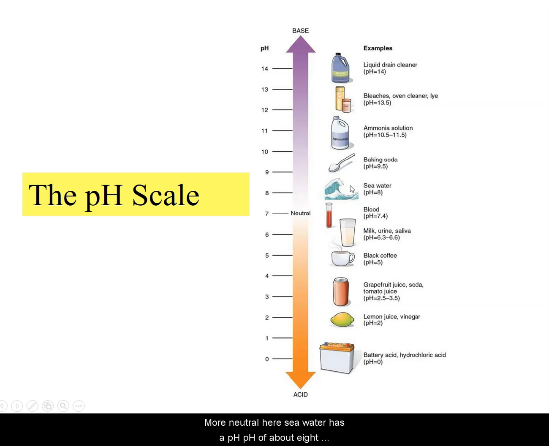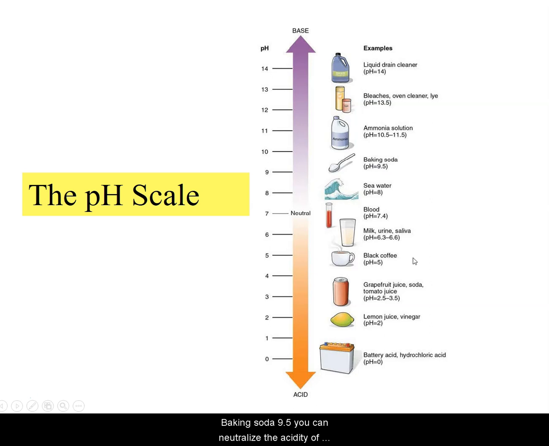More neutral here, seawater has a pH of about 8. There's blood there, 7.4. We talked about that. So if it's a higher number than 7.4 for blood pH, it would be alkalosis, and a lower number would be acidosis. Baking soda is 9.5.